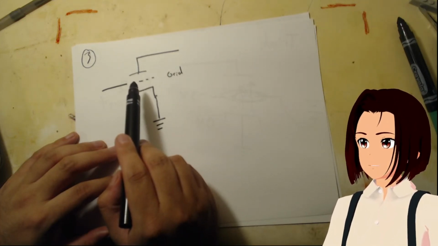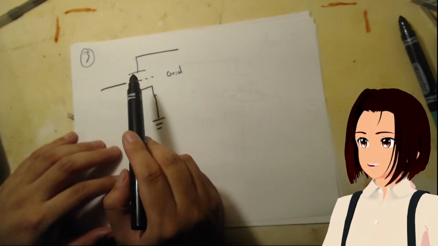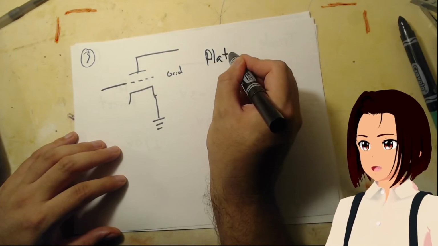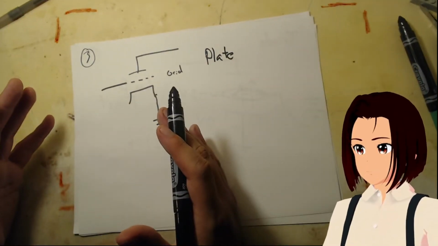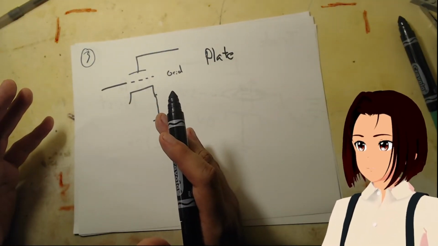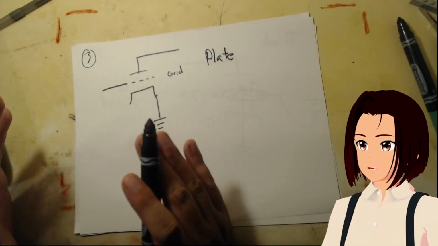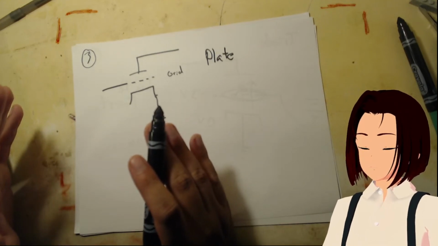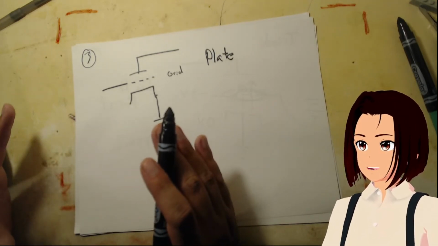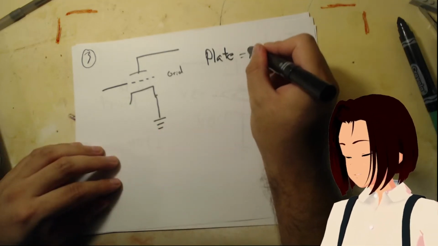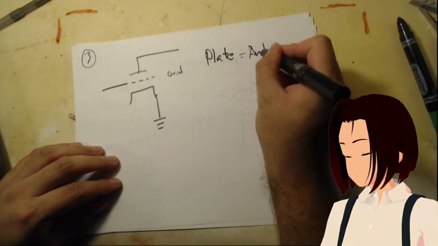So we're going to use those terms interchangeably. We call this the plate. The reason we call it the plate is because in a tube, it's like a plate. So people call the anode the plate.